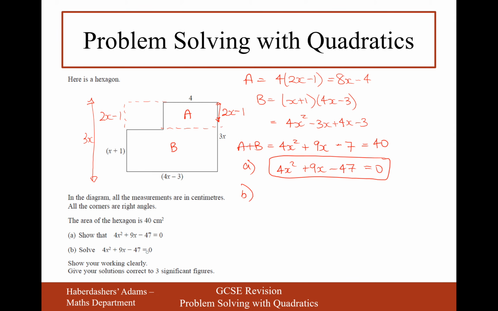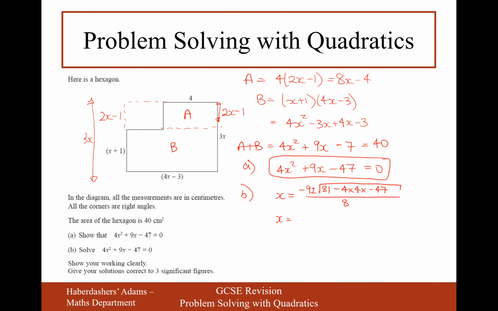Moving on to part B, solve the equation to 3 significant figures. So grab your calculator, it's going to be a quadratic formula one. It's going to be minus 9 plus or minus the square root of 81, that's 9 squared, minus 4 times A times C, all over 2A, that would be 8.